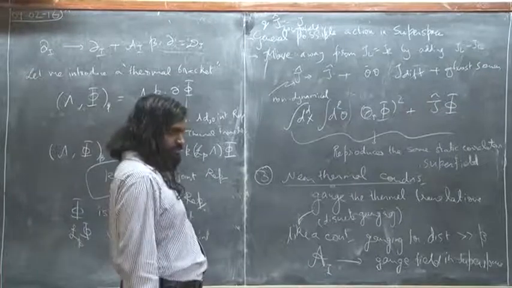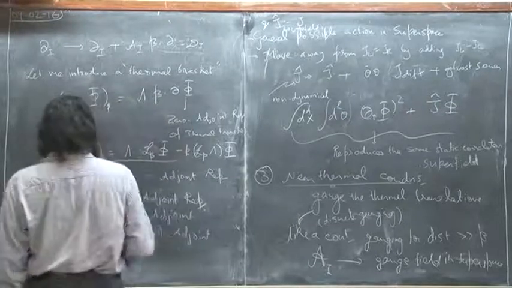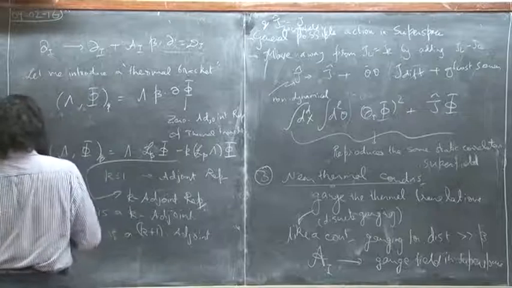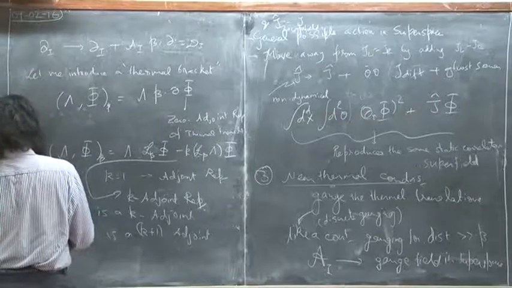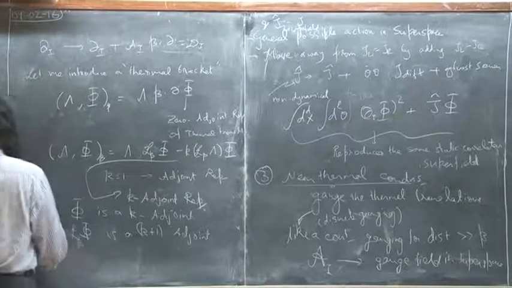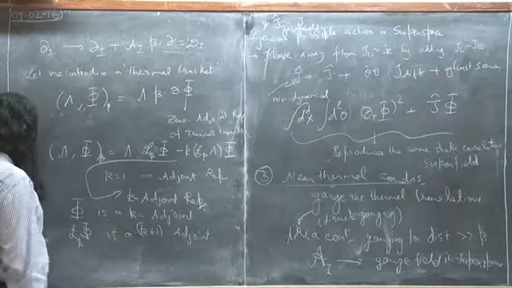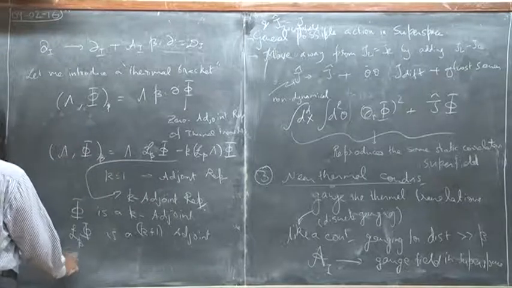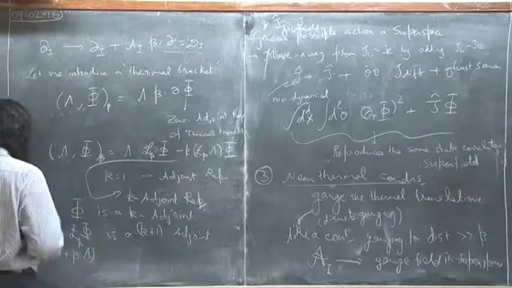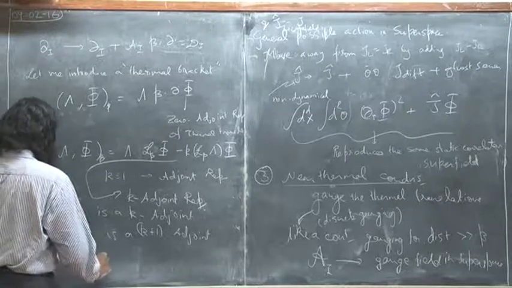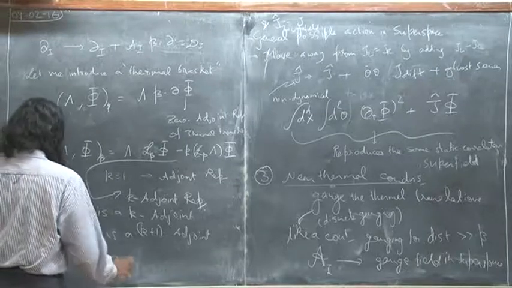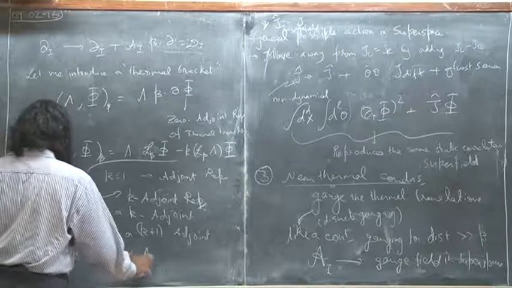K is an integer. There's another property which is also true, that 1 plus beta of A is a 1 adjoint.